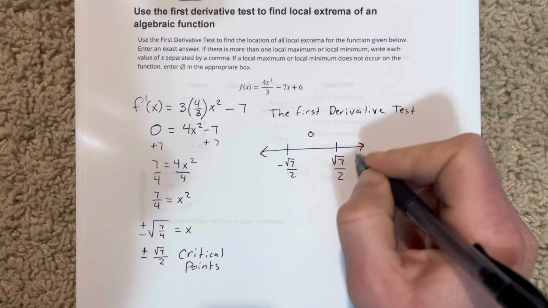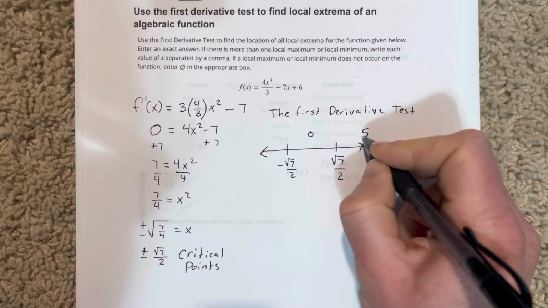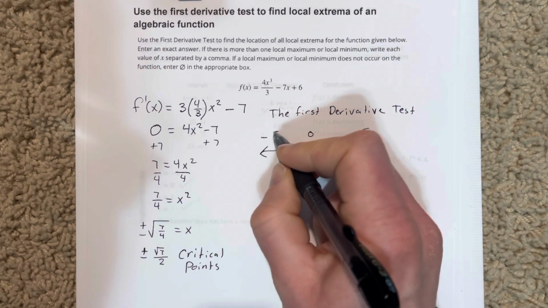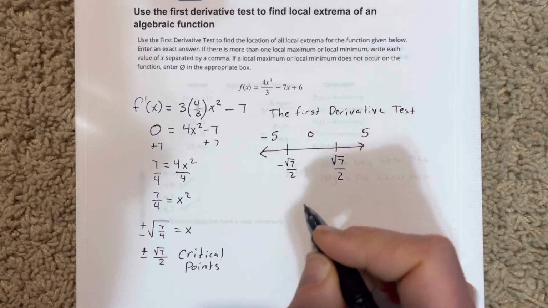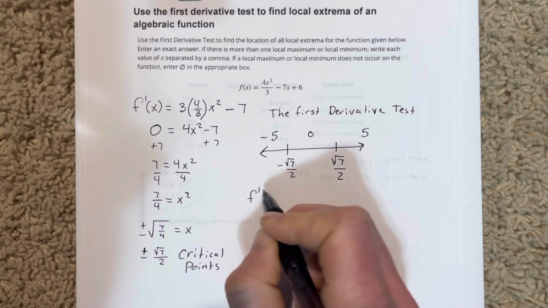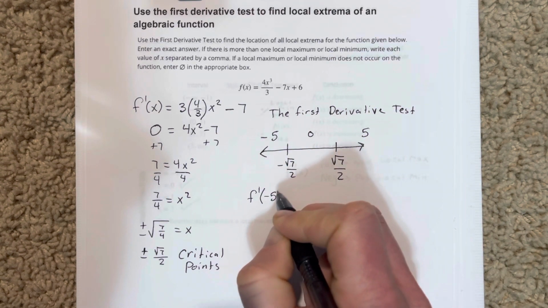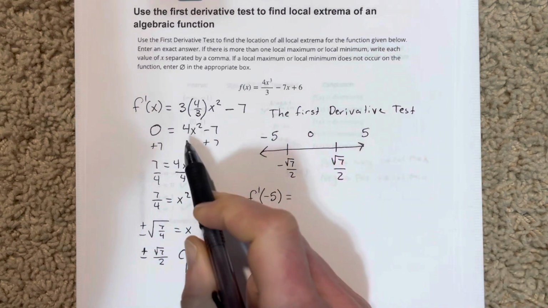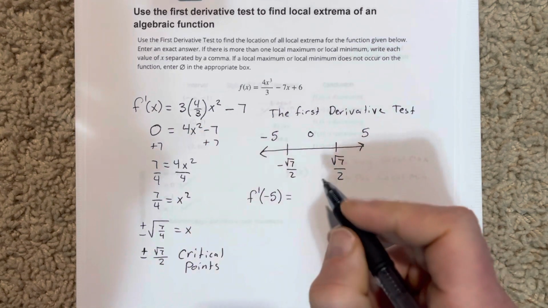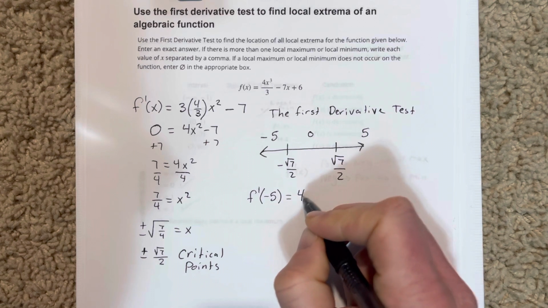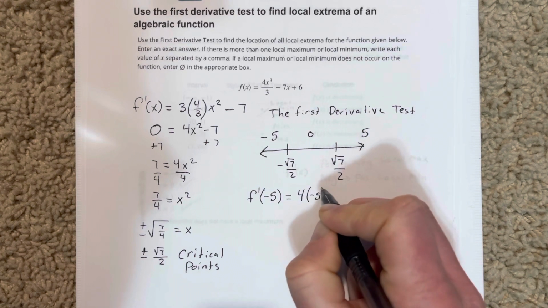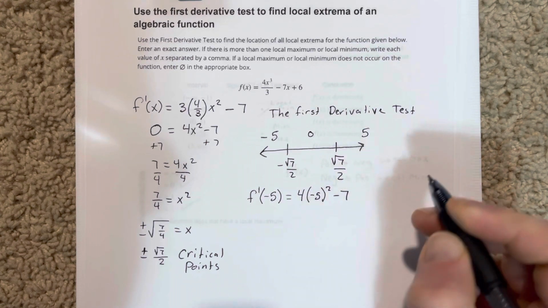So root 7 over 2, I'm just going to pick 5. That'll work. We'll pick negative 5 here. And so I'm testing these into f prime. So I'm saying f prime of negative 5 is equal to, and then I'm plugging them into this function. So I get 4 times negative 5 squared minus 7.